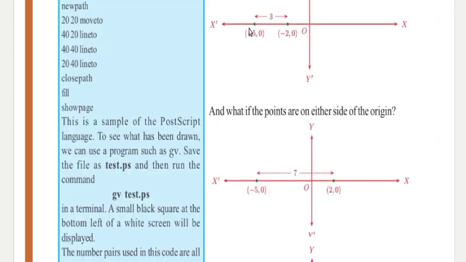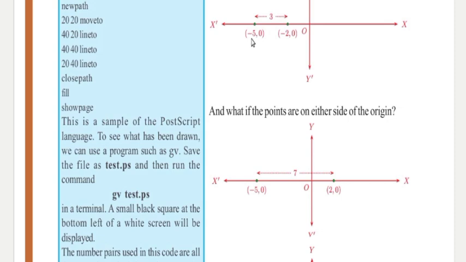See here we have another pair of points, that is (-5, 0) and (-2, 0). These 2 points are also on the x axis, so their y coordinates are 0. Then what is the distance between the points?